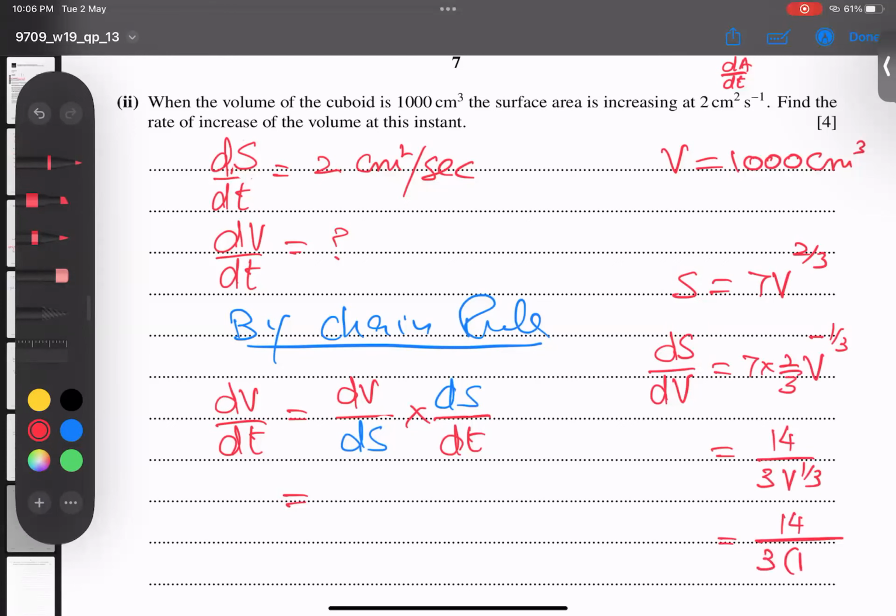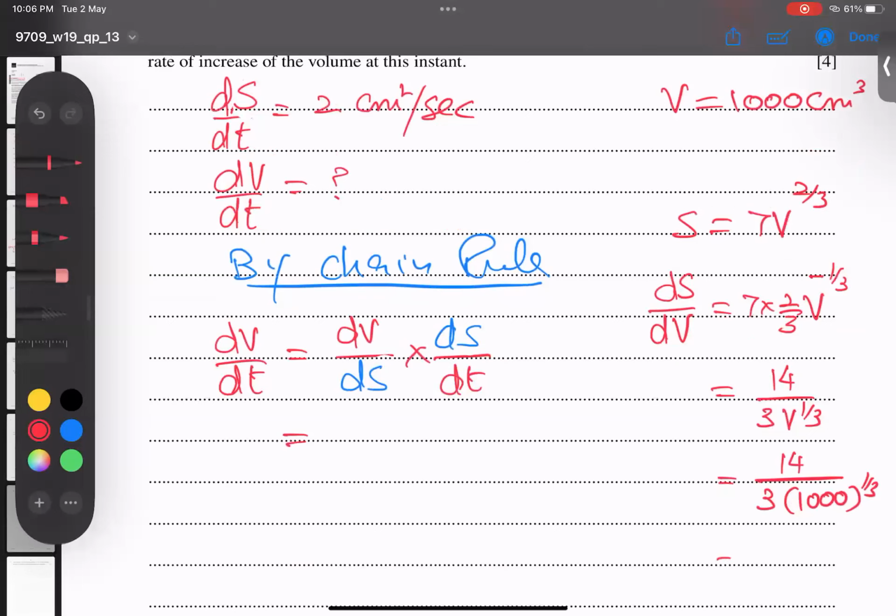When I replace 1000 in the place of V, V to the 1 over 3 becomes 10. And if I type in the calculator 14 divided by 3 and divided by 10, my answer is coming in fraction form, 7 over 15.